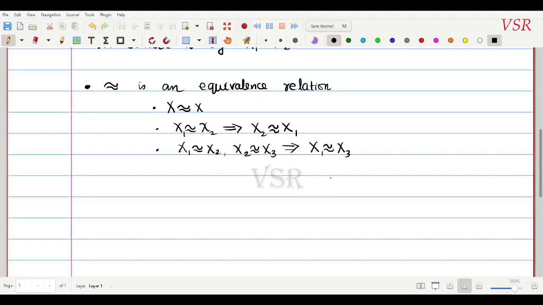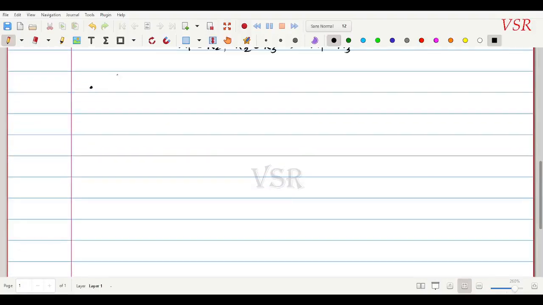And last, what we have studied is isometry. Let X1 and X2 be two metric spaces.